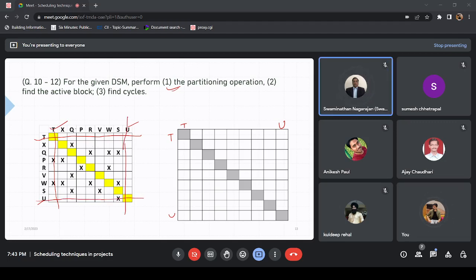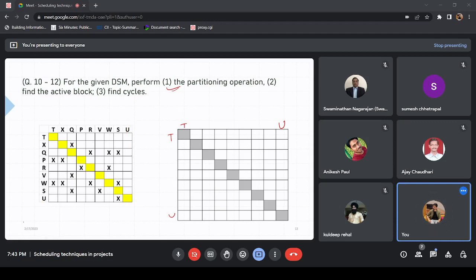So I guess if you had to make your active matrix right here, you would have said that this is your active matrix, right? Yes. Now this is your active matrix and there are so many loops present that we can't even determine them.